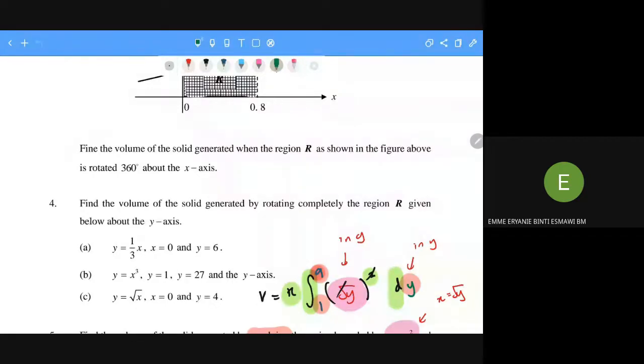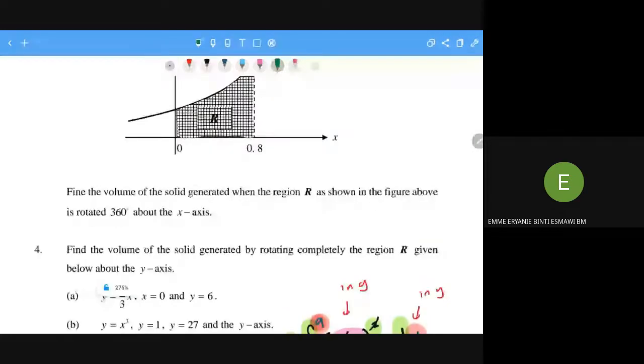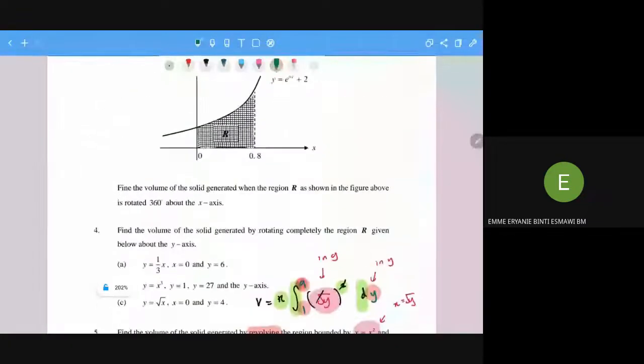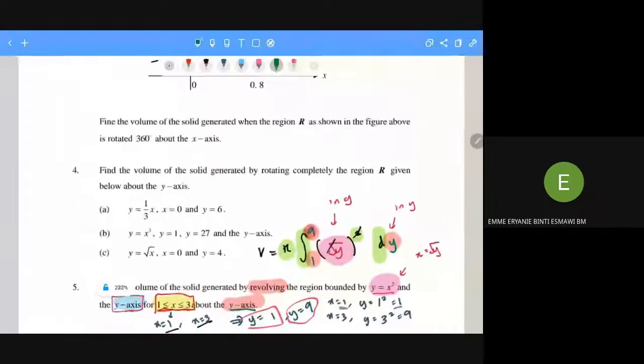That was how many years ago? That was saya SPM 2005. How old? 2005 SPM sekarang dah 2022.